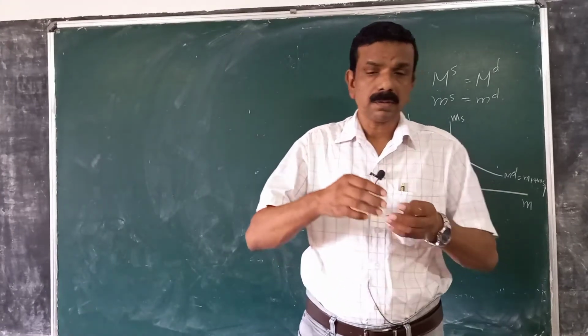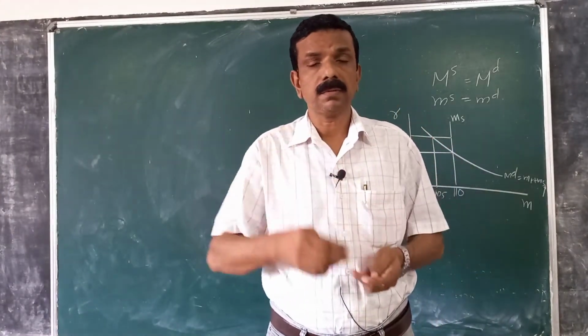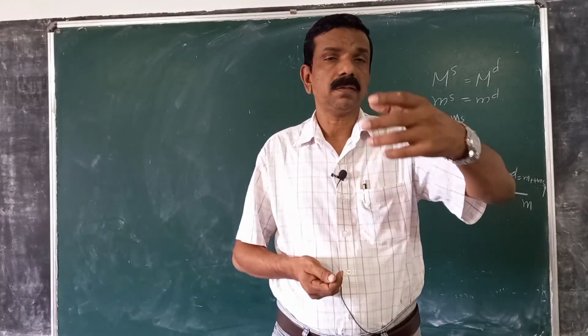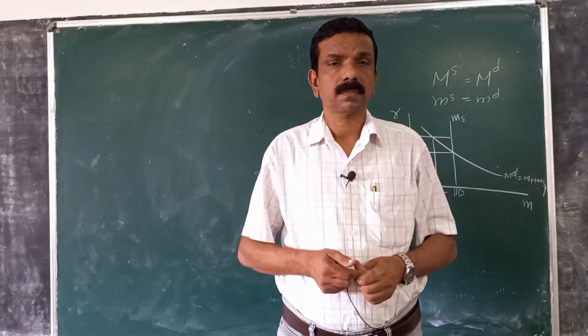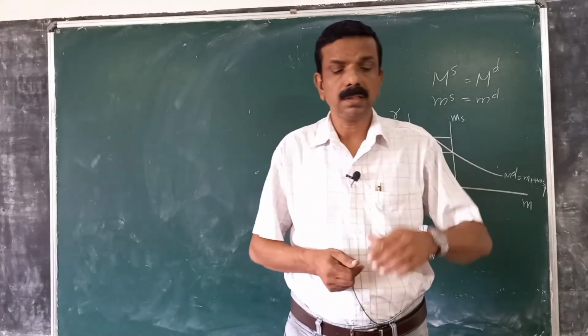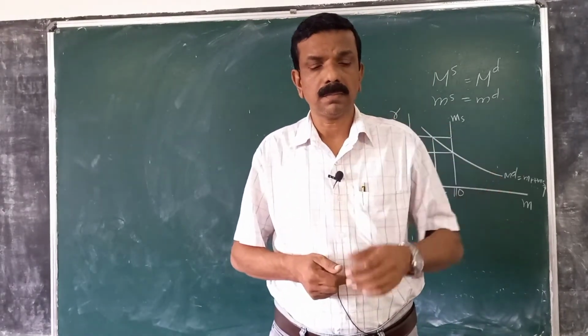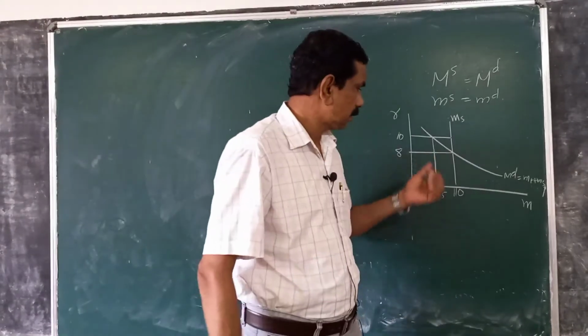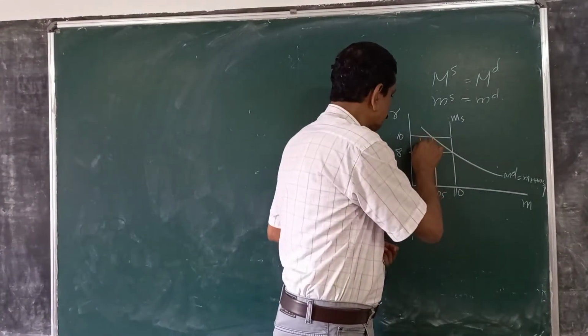Demand for bonds increases relative to the supply of bonds. As a result, the price of bonds will increase, and when the price of bonds increases, the yield or the return on bonds will decrease. That is, R will decrease.